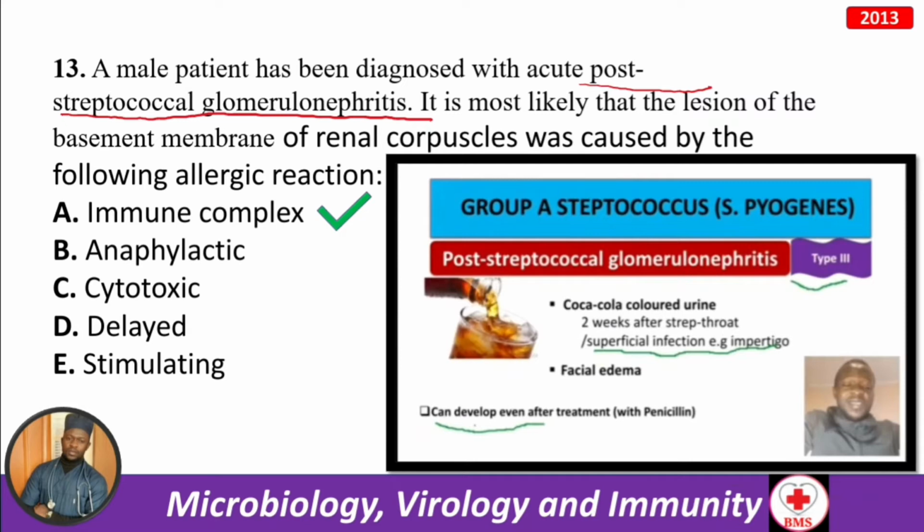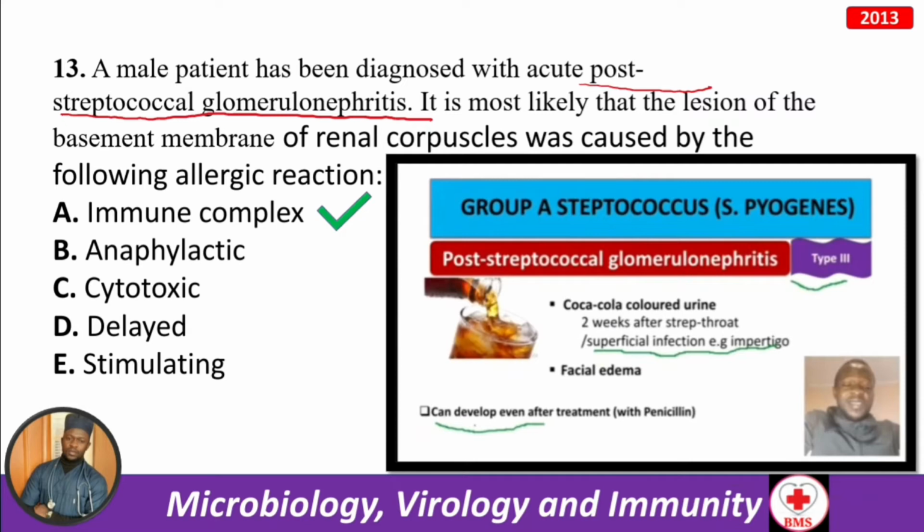So the patient will usually have Coca-Cola colored urine, and this will happen at least 2 weeks after strep throat or other superficial skin infections like impetigo. Patients may also have facial edema, and this disease, post-streptococcal glomerulonephritis, can develop even after treatment with penicillin, right?